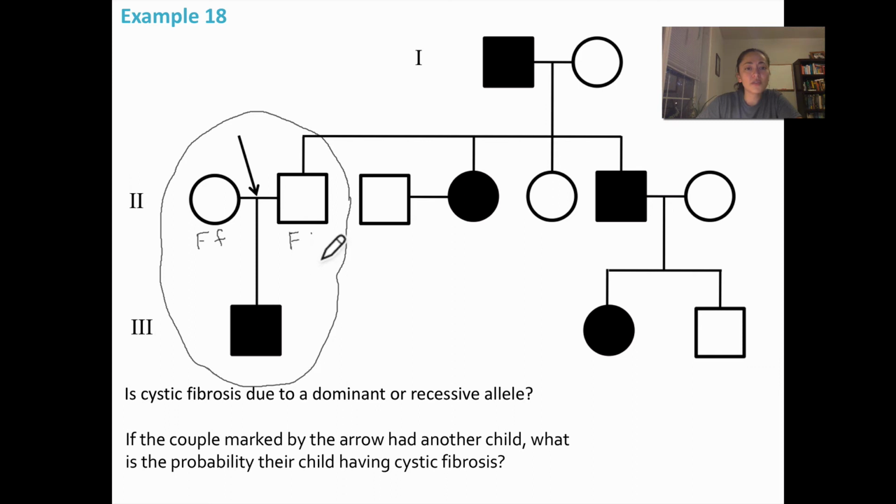We always know from just knowing the rules about genetics, if an individual has a big F and a little f, they're going to ignore the little f, and they're always going to just express or show the big F. So what do we know about this then? Big F equals, well, what do the parents look like? They're not shaded in, so they do not have the trait. They don't have cystic fibrosis. So that means little f causes cystic fibrosis.